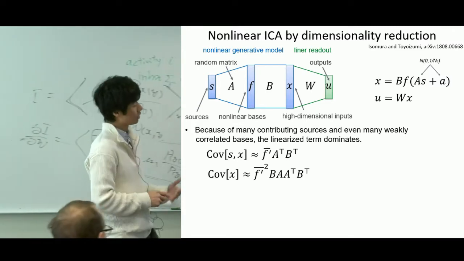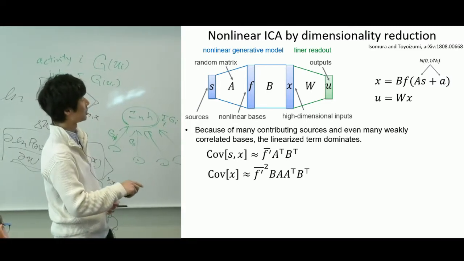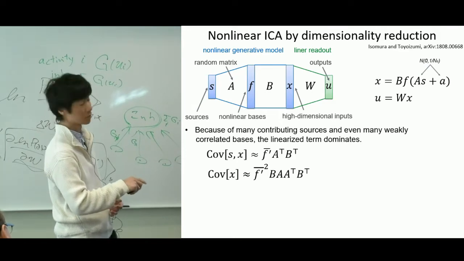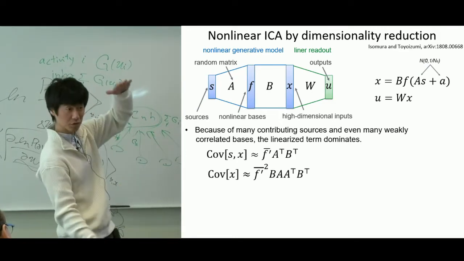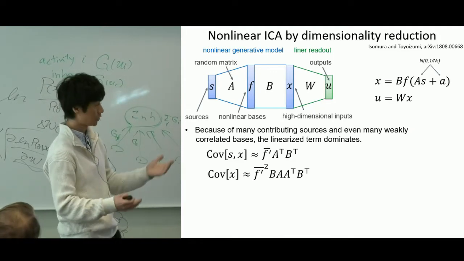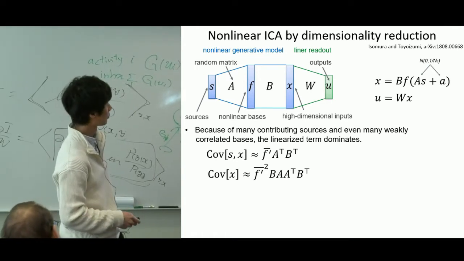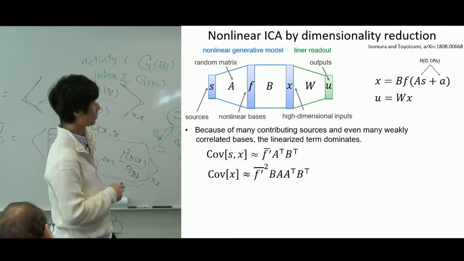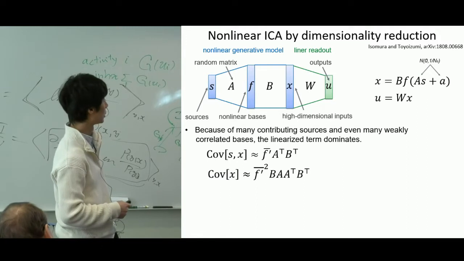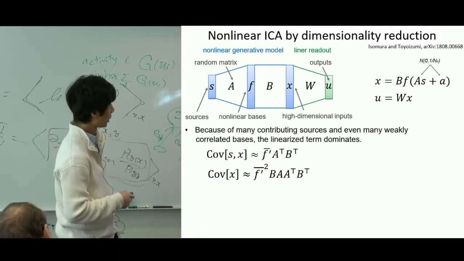And one important feature is the high dimensionality of this basis function of the input. If the input is very high dimensional, you have many different features. And in this special case, we showed that it's possible to extract nonlinearly mixed sources.